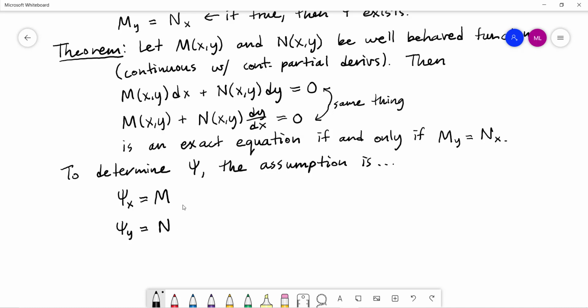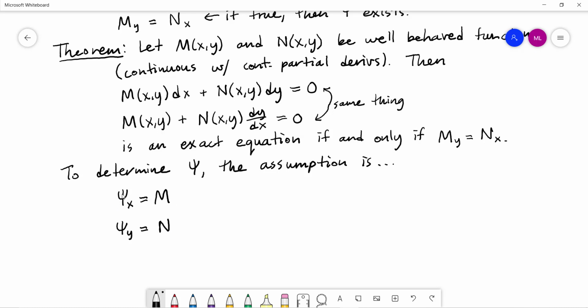Okay, so basically, these two equations right here come from assuming that we've got a setup that looks like this, that is the result of taking a full implicit derivative of psi. This being the derivative with respect to x part, this being the derivative with respect to y part. And we can use this to now back out psi by trying to solve these two individual, relatively simple differential equations.